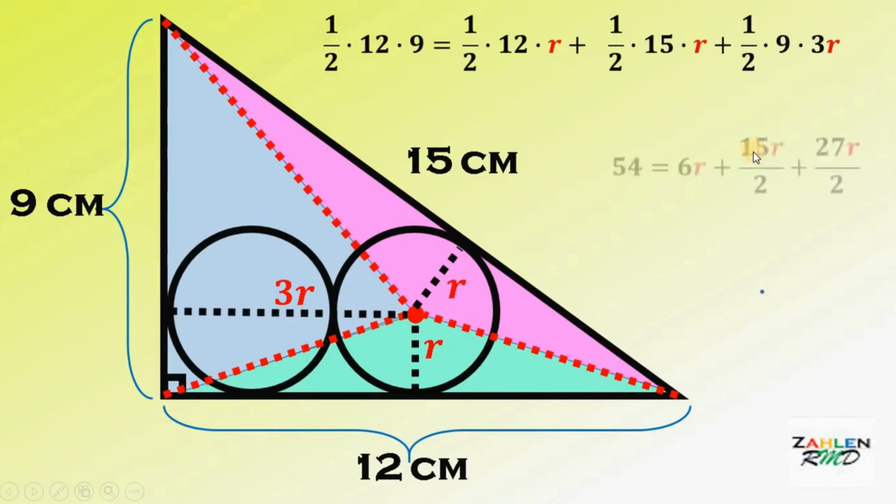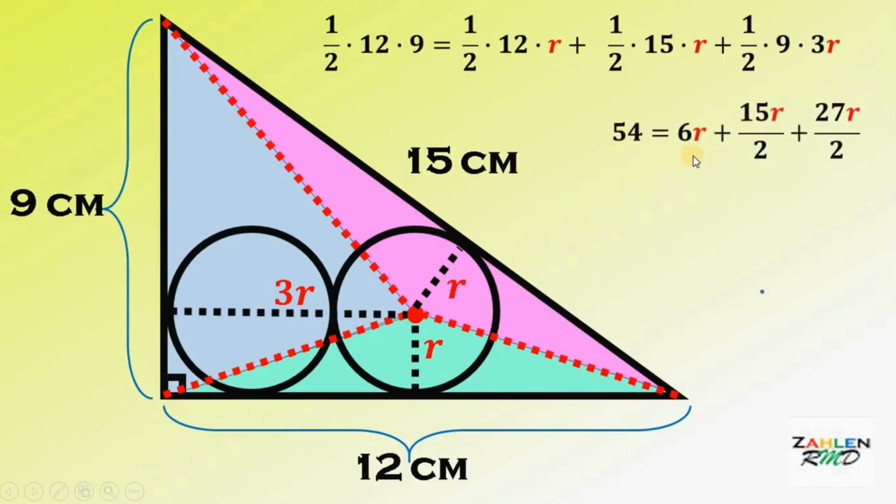Now simplify and we get 54 equals 6r plus 15r over 2 plus 27r over 2.